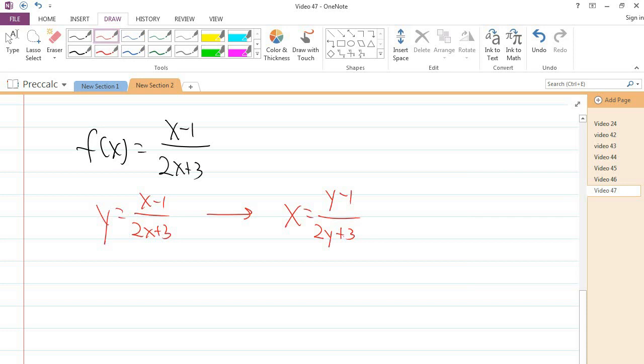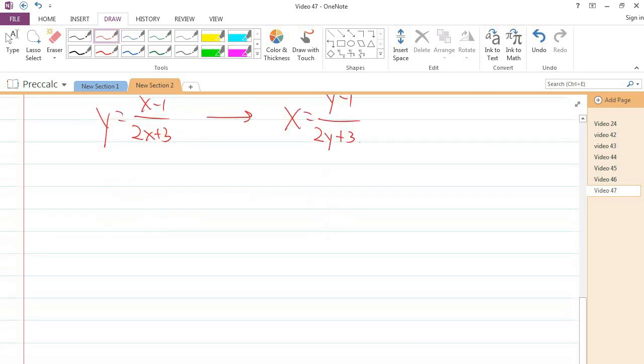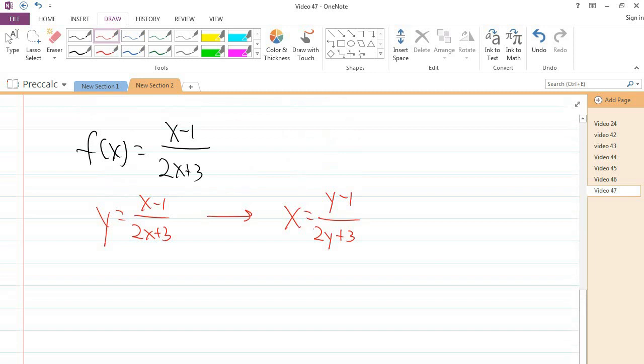The common technique that we tend to use when the thing that we want to solve for is in several different places is to factor. So what I'm going to do is manipulate this equation so that I can factor out a y. Step 1 is to get rid of this fraction.